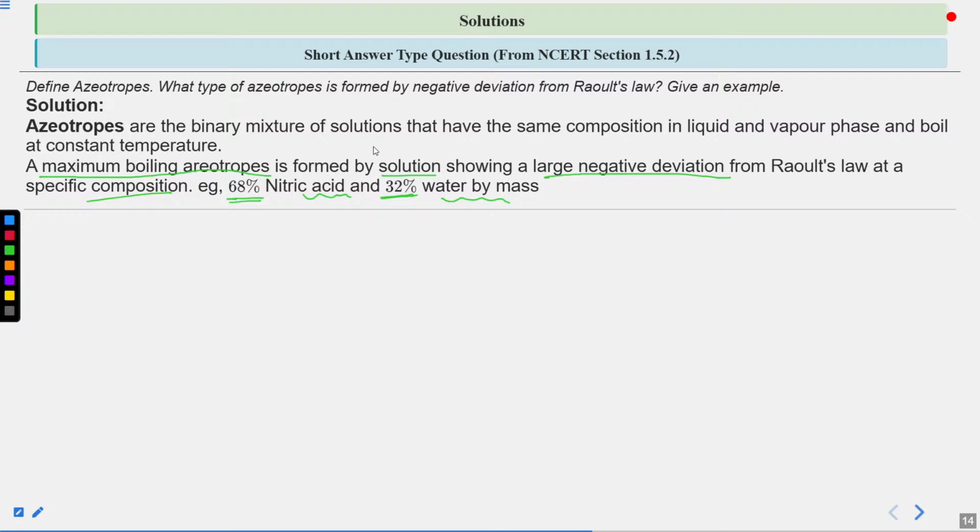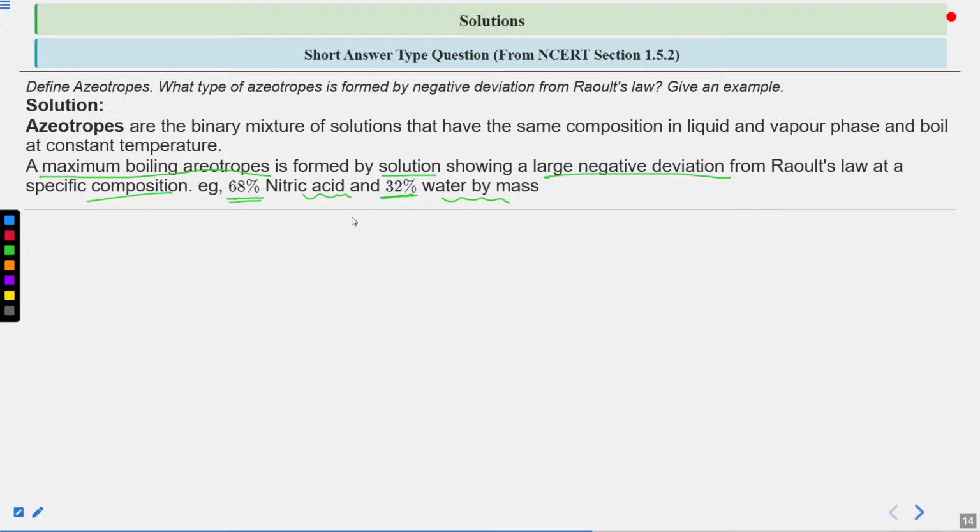So azeotropes, first of all, by definition are a mixture of two or more liquids that boil at constant temperature, with the same composition in both liquid and vapor phase, right? And they are of two different types, maximum boiling or minimum boiling azeotropes. The maximum boiling azeotrope is formed by a large negative deviation from Raoult's law at a specific composition.